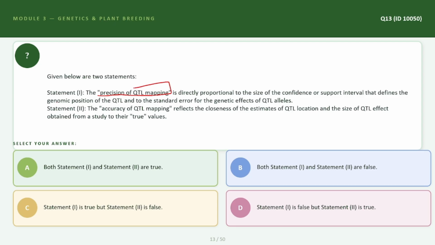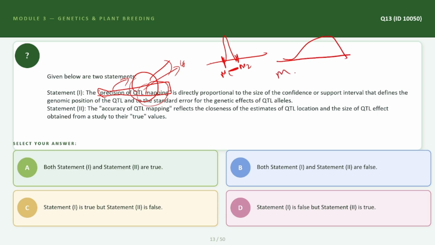Precision in QTL mapping. See, the word precision means you are directly reaching your gene or region of interest, the QTL region. Means if you are getting this precision, you should have a very narrow window. This marker 1 and marker 2 interval should be very narrow. If marker 1 and marker 2 are very far away, there is a large chunk of region.